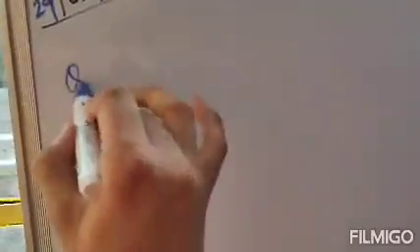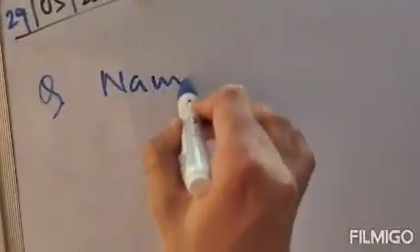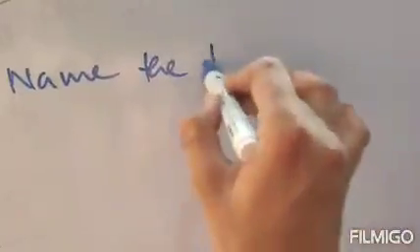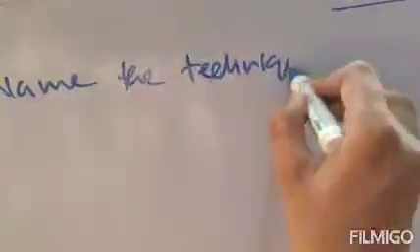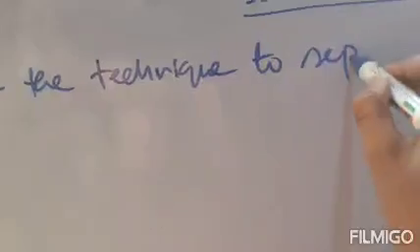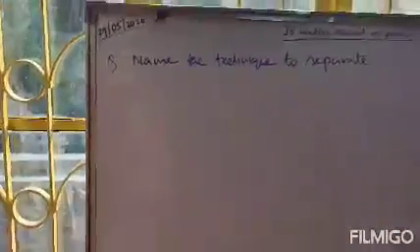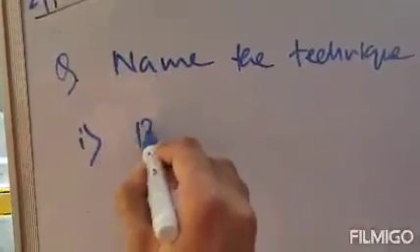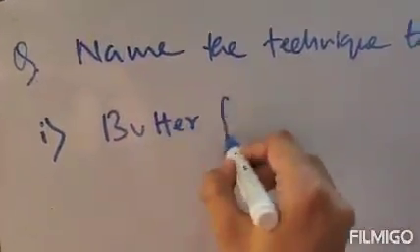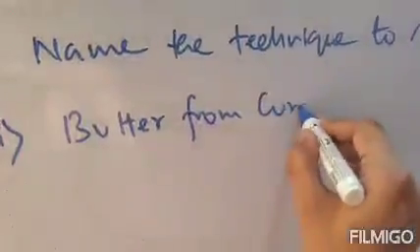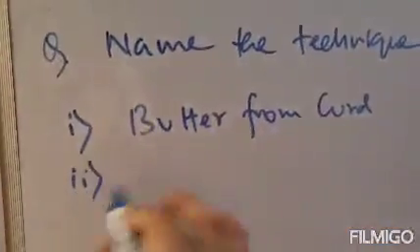Next question is, name the technique to separate. We have to write the technique name to separate. The first is butter from curd. How can we separate butter from curd? Clear?